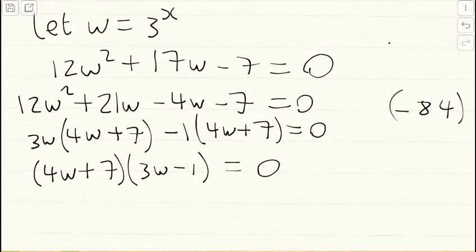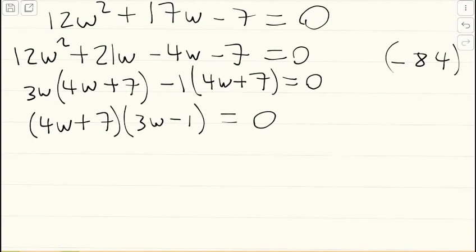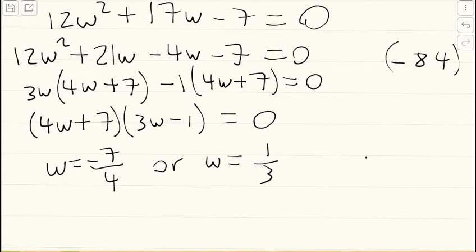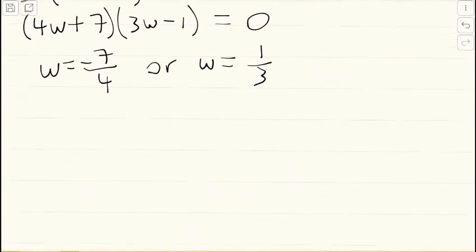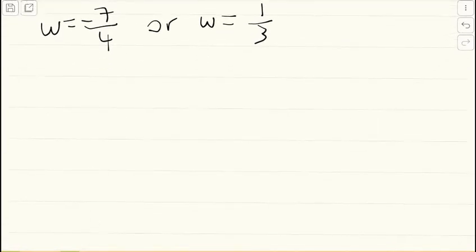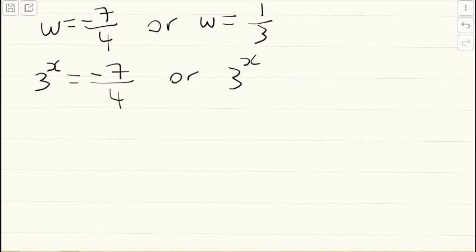And again, we get that w equals minus 7 over 4, or w equals a third. Again, just to remind ourselves, w is equal to 3 to the power of x. So instead of saying w equals minus 7 over 4, we say 3 to the power of x is equal to minus 7 over 4, or 3 to the power of x is equal to 1 over 3.